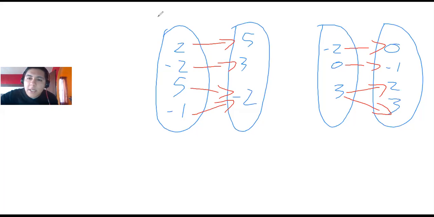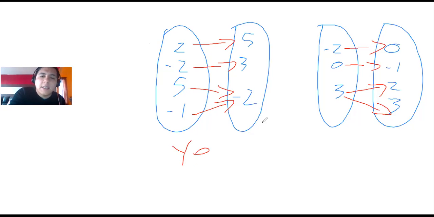So again, we need to recognize the difference here between a function and not a function. Okay, so in the very first one, we have 5 and -1 both pointing towards -2. Now what this tells us is that the y value is repeating, but that doesn't mean that the x values are repeating. We have two different x values, 5 and -1.